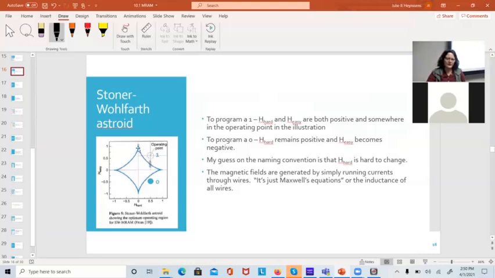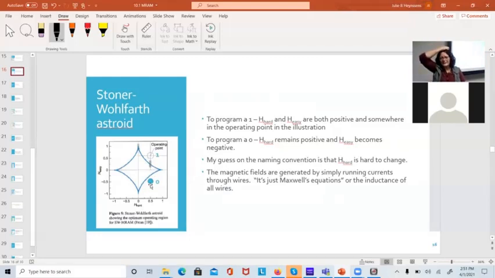So I've got a hard axis and an easy axis on this magnetic field graph, and this is called the Stoner-Wolfarth asteroid. If I want to program a 0, I'm going to put the 2 pulses down here. H-hard remains positive, and H-easy becomes negative. I think the reason they got these names is you don't change H-hard because it's hard to change. You can change H-easy though, and that's how you're going to get to the programming.